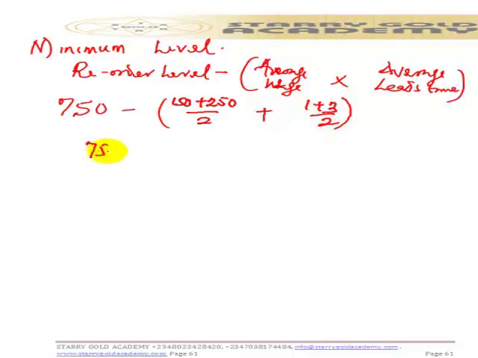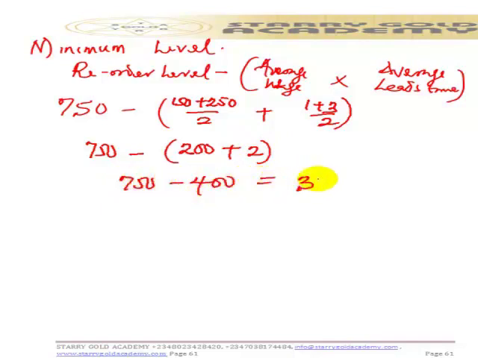So I have 750 minus 150 plus 250 is 400 divided by 2, that is 200, times 1 plus 3 is 4 divided by 2, that is 2. So 750 minus 400, that will be 350 units. That's our minimum level.